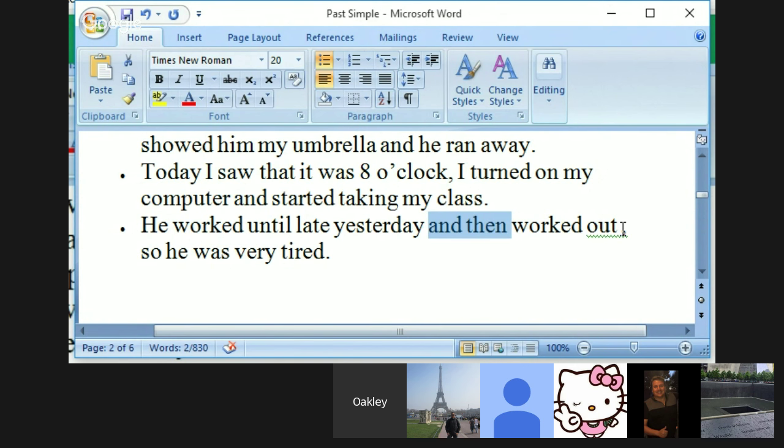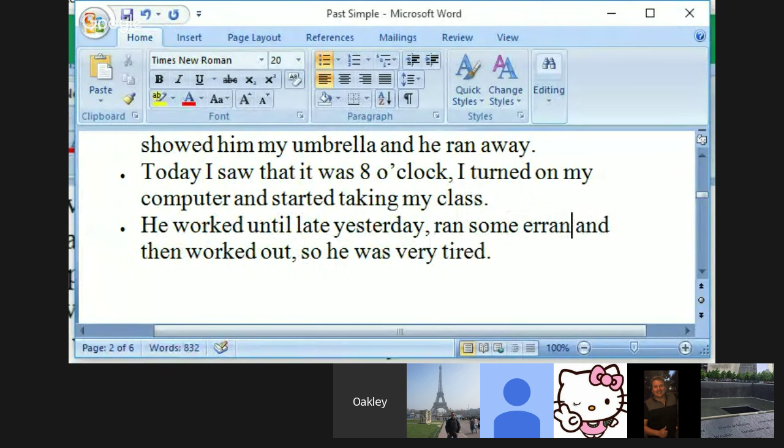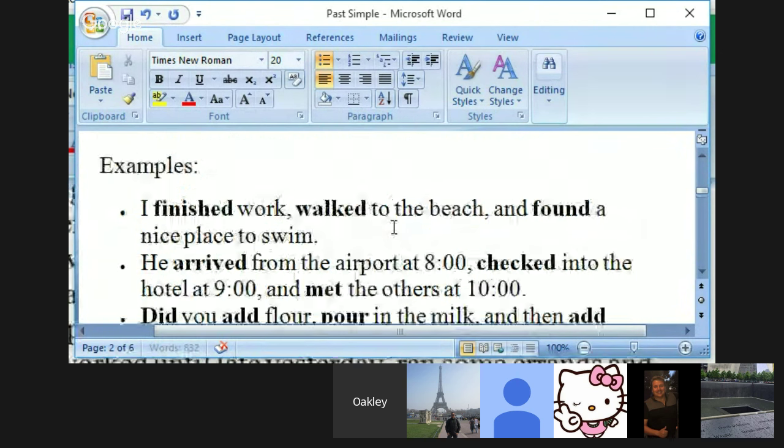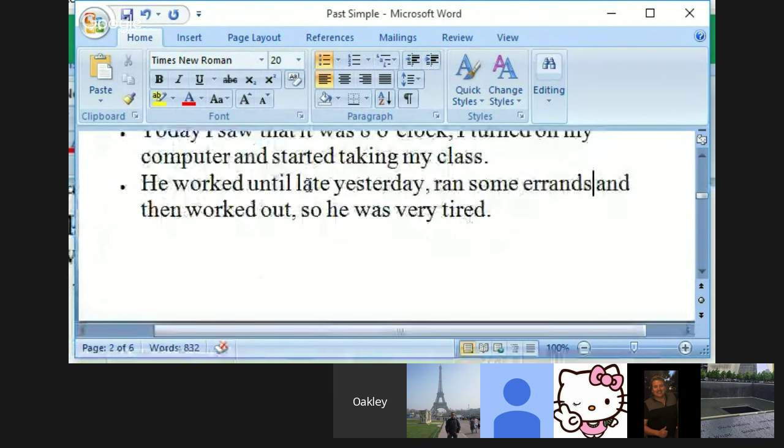If you wanted to list things, he worked until late yesterday, ran some errands, and then worked out. Here's a list of events, a list of actions, first, second, third, fourth. That's showing a series.